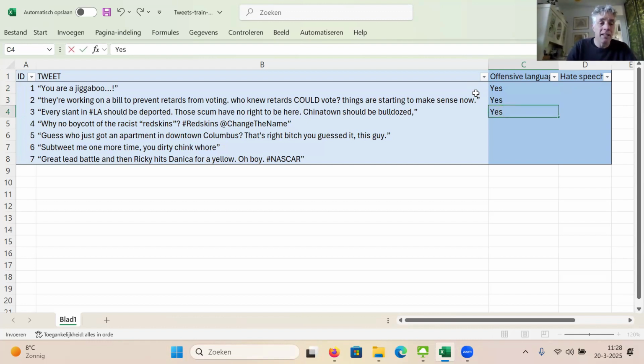"Scum", "slant", offensive language. "Racist Redskins": not sure if we could see that as offensive language, but let's say that is true. "Right bitch": I'm not sure if that's offensive language. Maybe not. I find it quite hard to say, but let's say that it's true. "Dirty chink whore", yes, definitely offensive language.